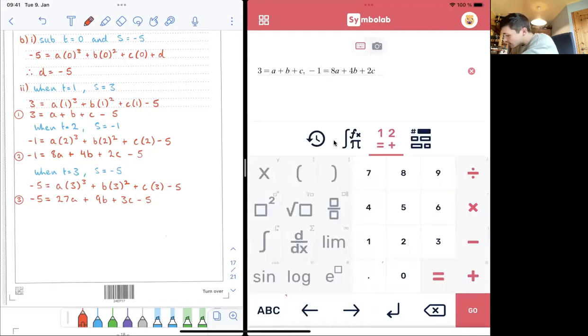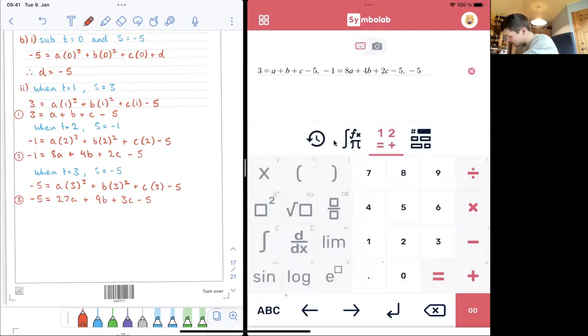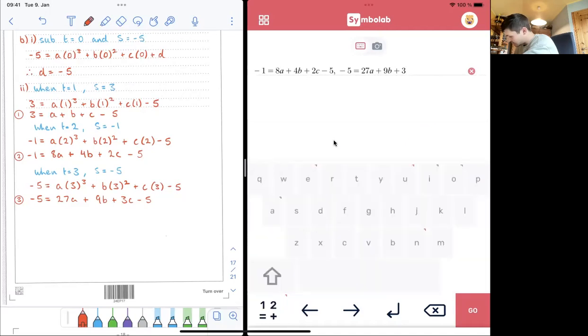I've got to put in the -5 on both of these, with a comma, and then again, -5 is equal to 27a plus 9b plus 3c.